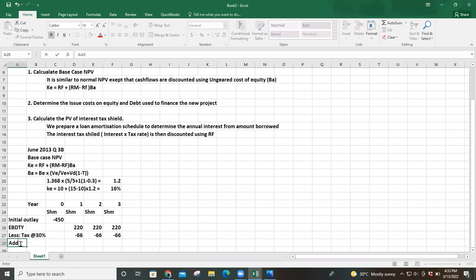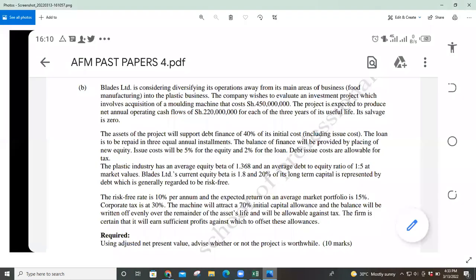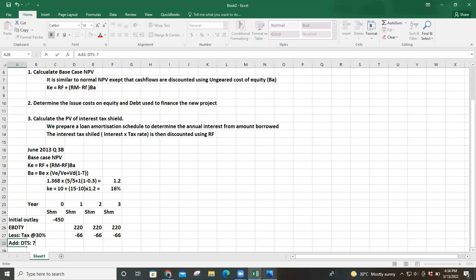And you're supposed to add the DTS, the depreciation tax shield. In the first year, we were told the machine will attract 70% capital allowance. So capital allowance in the first year, we are having 70% of 450 times 30%, the tax on debt.